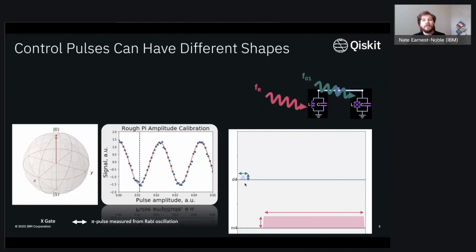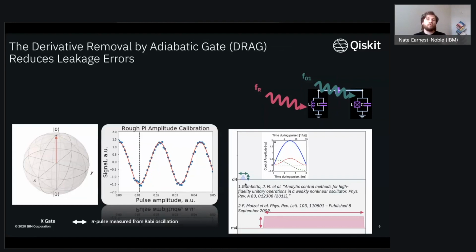These are known as leakage errors. So you are in your computational space of 0 and 1, and you begin to leak outside of it into the 2 state, or if you're doing particularly badly, even higher than that. To overcome these sorts of errors, this is where the idea of a drag pulse comes from. DRAG stands for derivative removal by adiabatic gate.